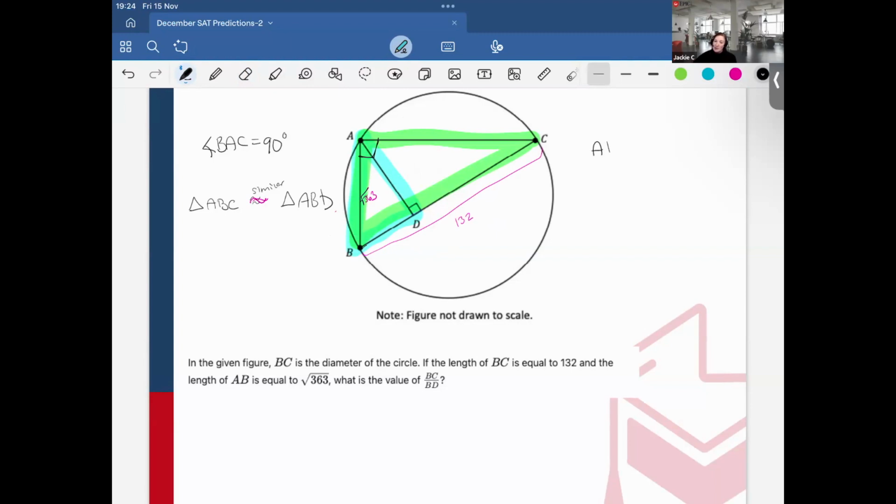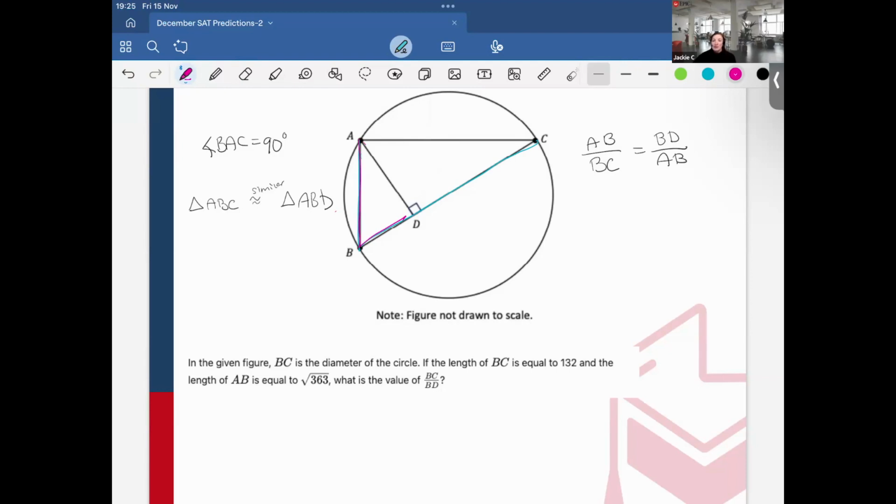So I know that AB is similar to BC, and that's similar to BD, which is similar to AB. So everyone sees that AB, BC, and then we see BD and also AB.